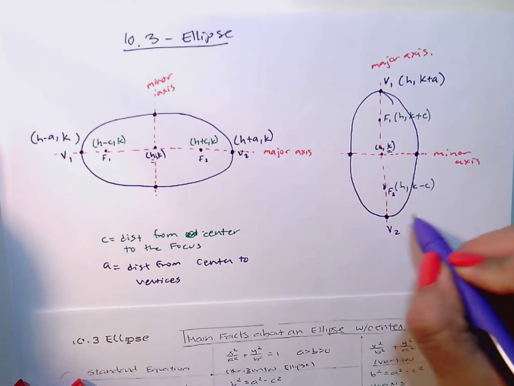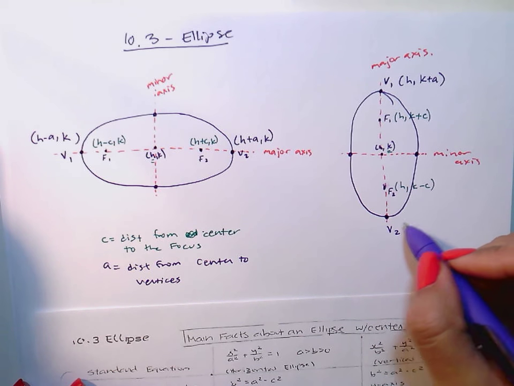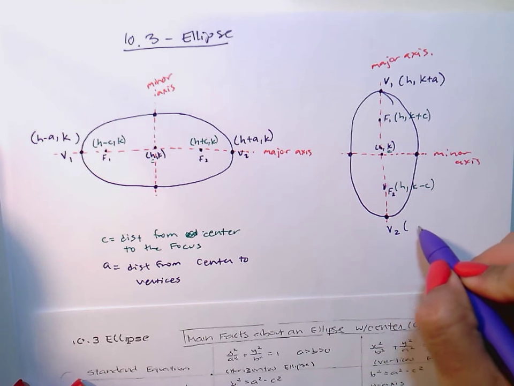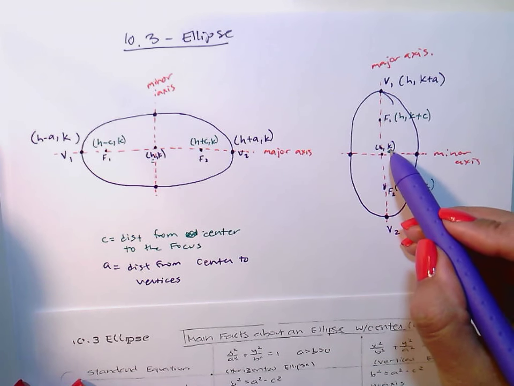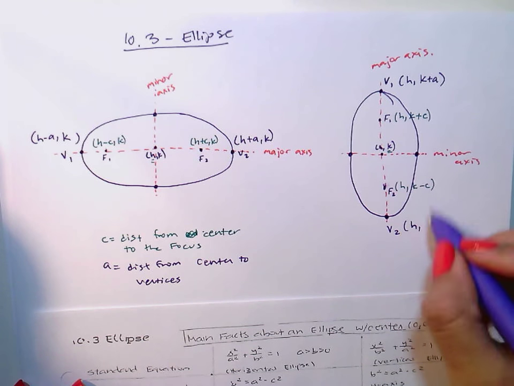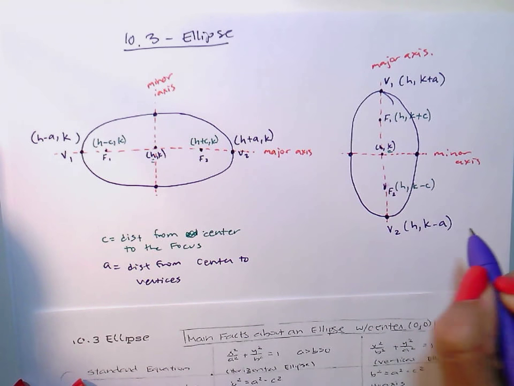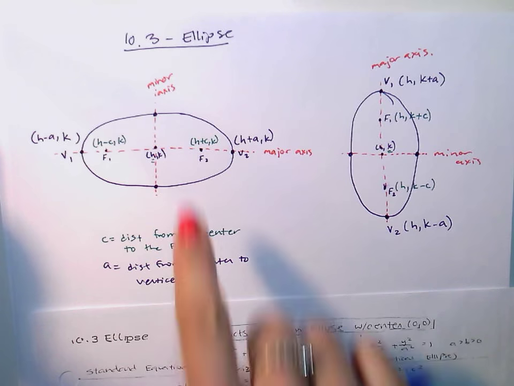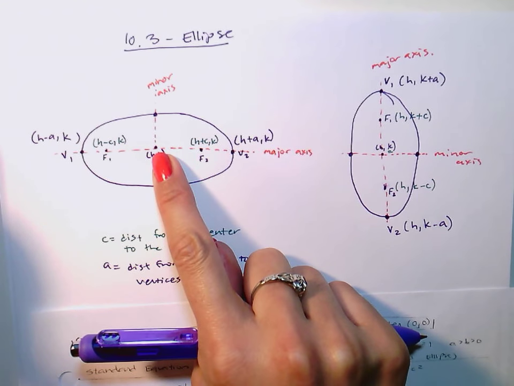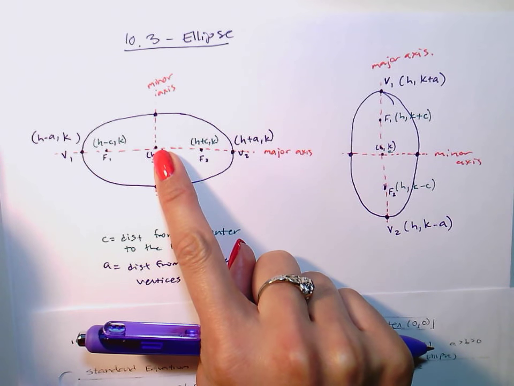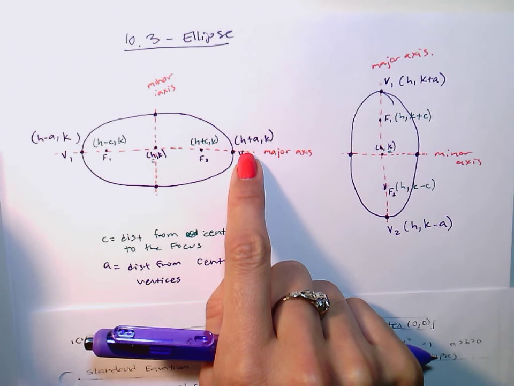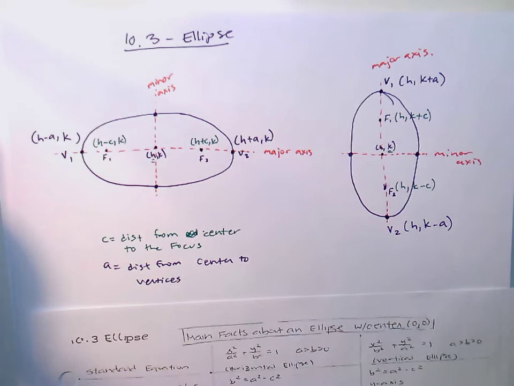If I'm going a units down, then the y value is changing. The x value stays the same, it's h, and the y value, it used to be k, but I'm going down by a units, so now it's k minus a. So again, the distance from the center to the focus is c, and the distance from the center to the vertex is equal to a. So what about the minor axis?